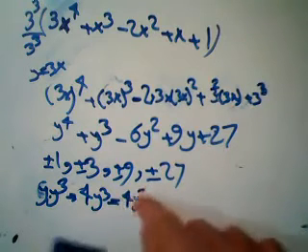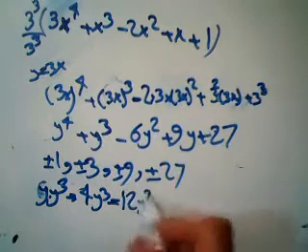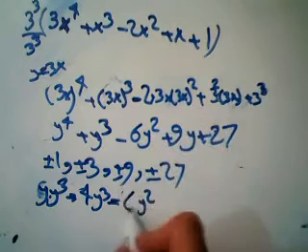That would be 12y squared, and 12y squared minus 6y squared would be 6y squared.